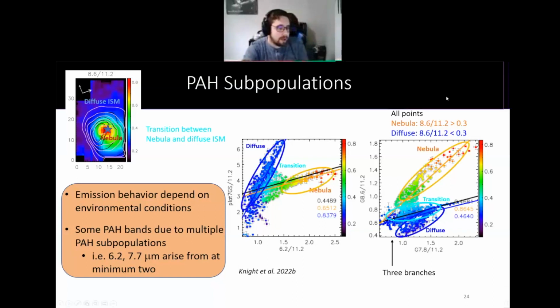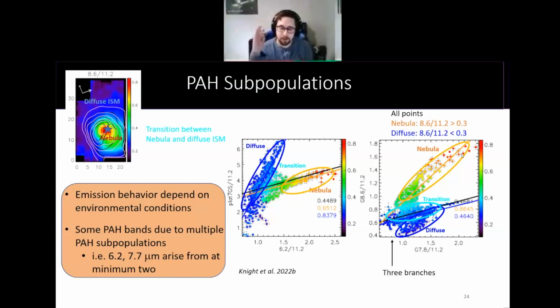And if you look at the subcomponent of the 7.7 band, the G7.8 component, and a subcomponent of the 8.6 band, the G8.6, we find even three distinct relations with respect to this correlation plot. And these can be related to different spatial regimes within our aperture. Our explanation for this is that some of these PAH bands may be due to multiple PAH subpopulations, in particular the 6.2 and the 7.7 band.